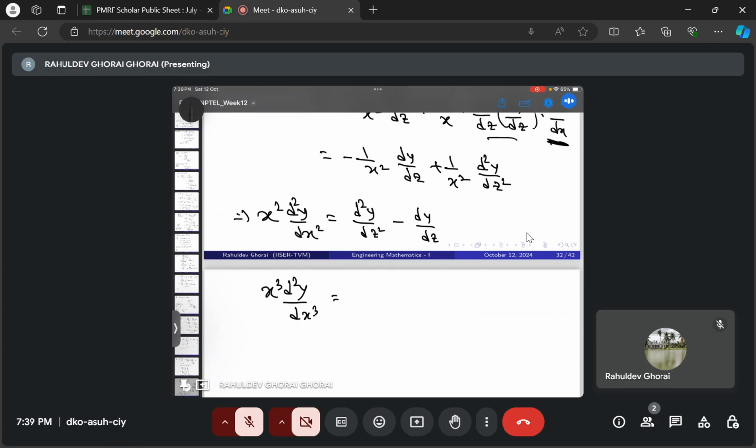So if you write this as m times m minus 1 times m minus 2. This is m times m minus 1. So it will be m times m minus 1 times m minus 2. Sorry, m minus 1 times m. So m square minus m times m minus 2 will give you m cube minus 2m square minus m square plus 2m.